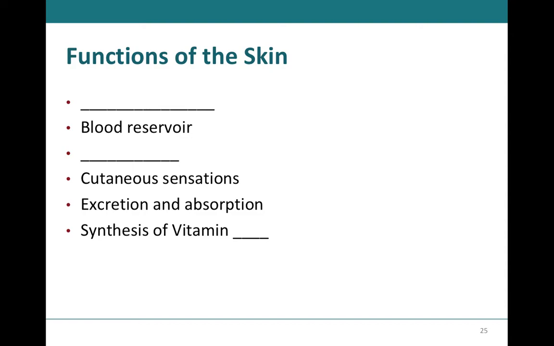Protection will be the next function. So we're able to protect everything that's underneath the skin, but the protection is provided by that keratin. Remember, we said the keratin provides a hard layer. The lipids that are released by the lamellar granules, because fatty substances don't allow watery substances to pass, so that's a protection mechanism.